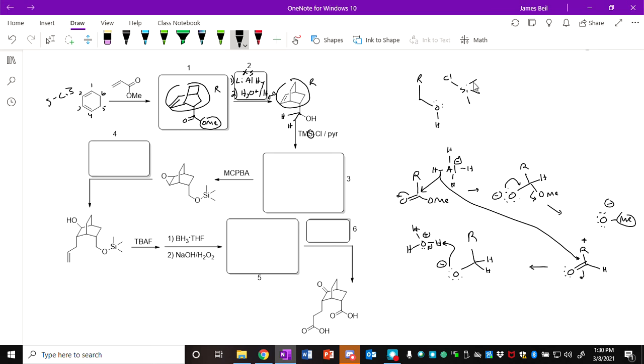And normally a tertiary carbon can't be attacked by SN2 because it's too crowded. But this is a silicon, and the silicon is a larger atom. So with the larger atom and these methyl groups sticking out, there's enough space there for a nucleophile to come in and attack and push out a leaving group. So that's what's going to happen here.